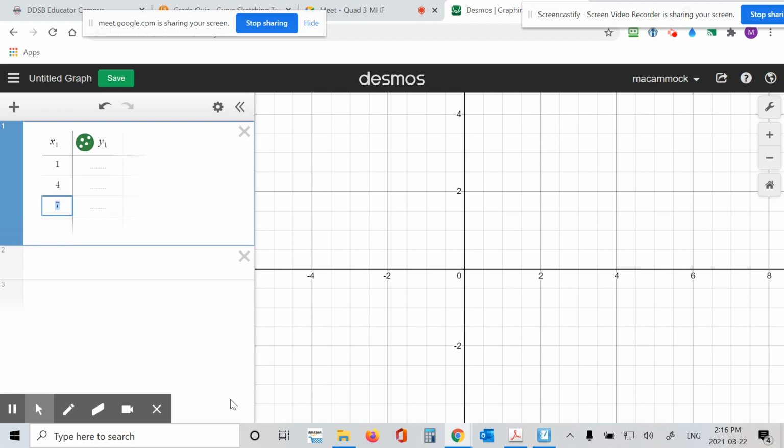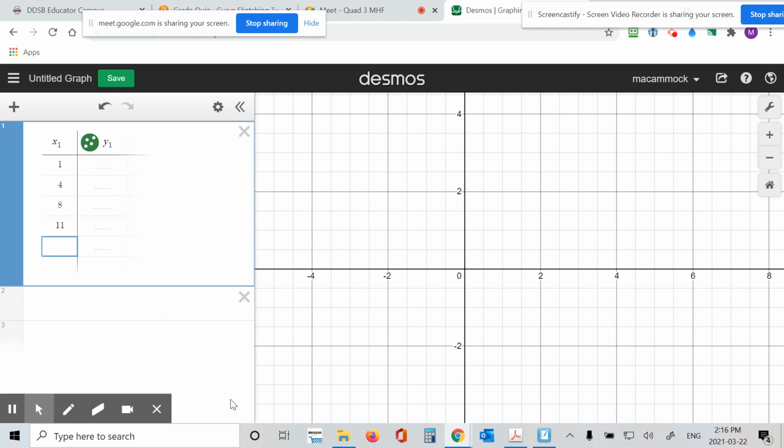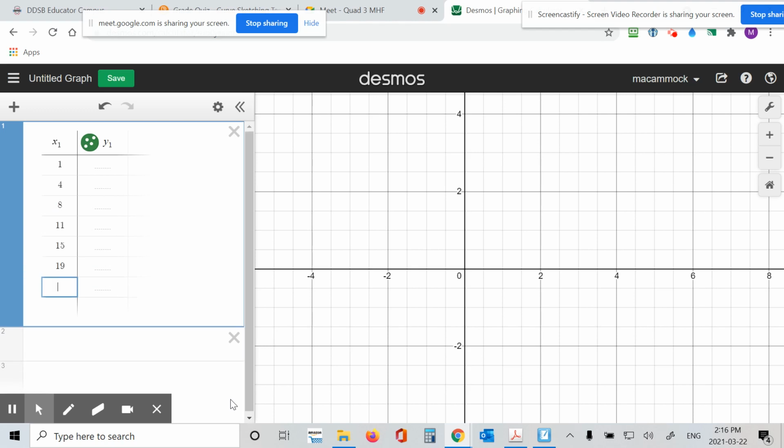But the truth is that we need to put in 8. So I'm going to put in 8. I know Desmos is trying to help us out, but that's not what we want. And then 11, and then 15. If you want to use my table as I'm putting it in to do the same thing, and then 19, 22, 26, and 29. So those are all my X values.